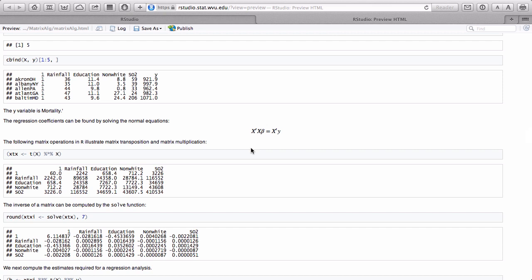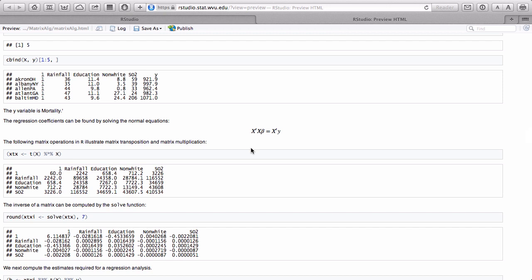And beta has 5 parameters. Beta naught for the intercept, beta 1, which corresponds to the coefficient for rainfall, beta 2 for education, beta 3 for non-white, and beta 4 for SO2. X prime y, again, that's a 5 by 60 times y, which is a 60 by 1.